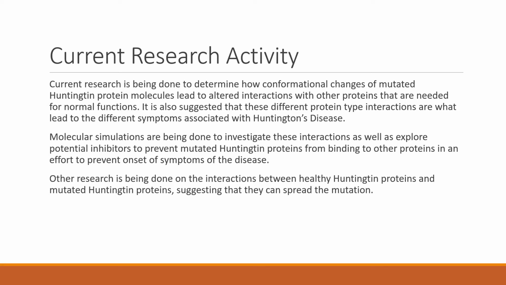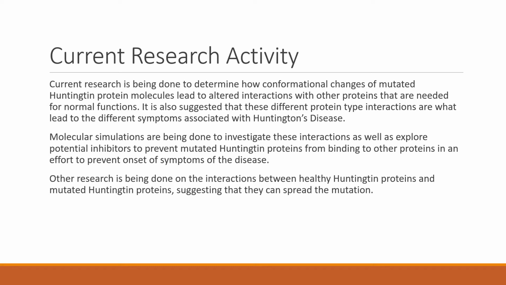It's also suggested by at least one research paper that these different protein type interactions with the mutated Huntington's protein may be what's leading to the different symptoms associated with Huntington's disease.